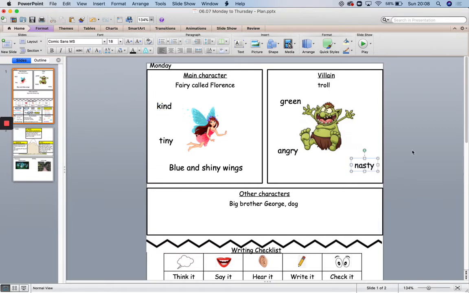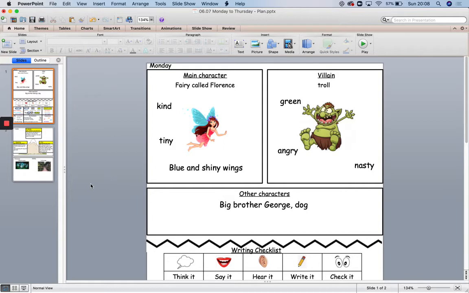So I'm going to put some of those words down. I might want to describe his stinky feet, or his hairy nose, or his sharp teeth, all those horrible sorts of things.